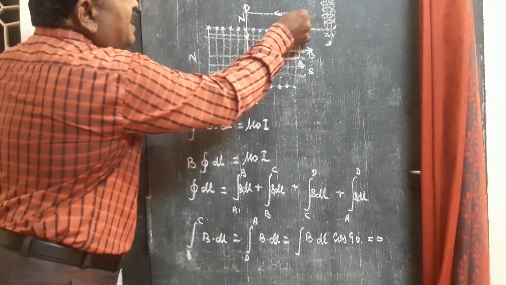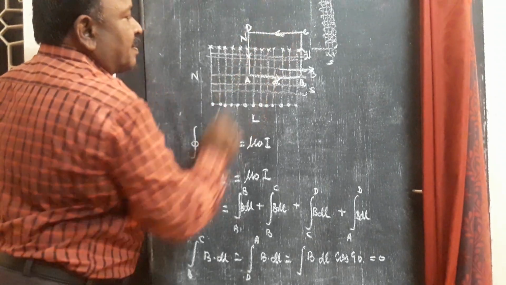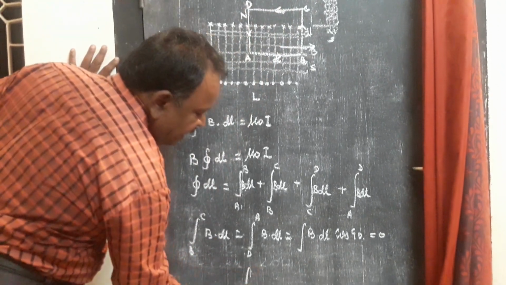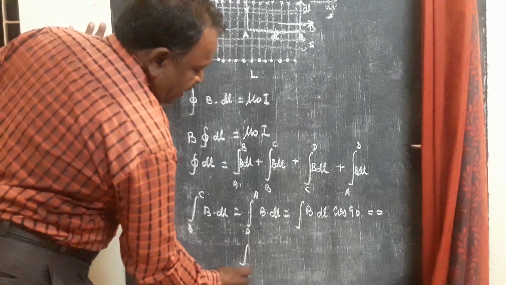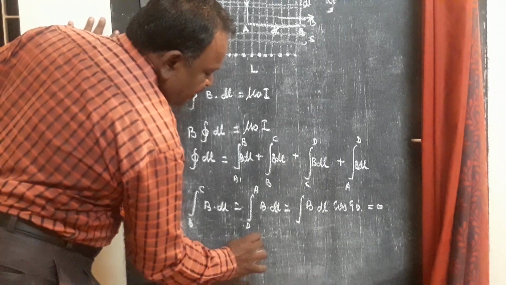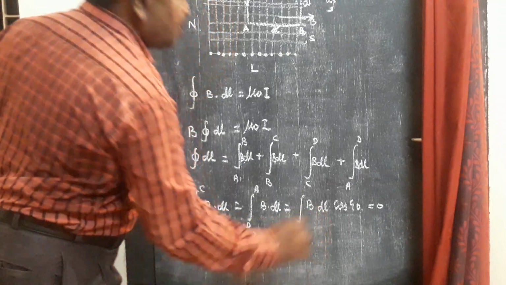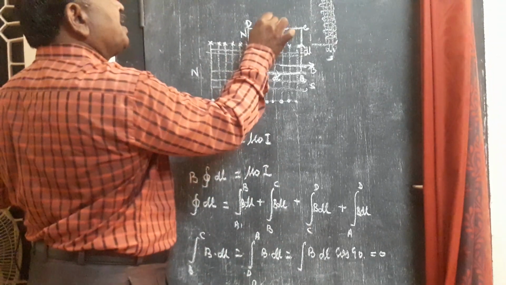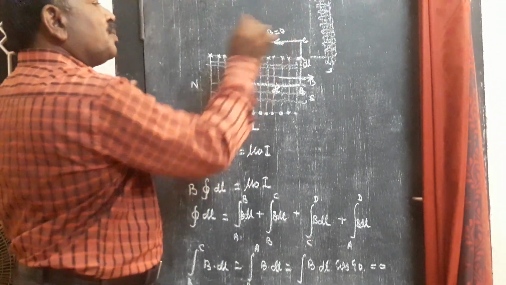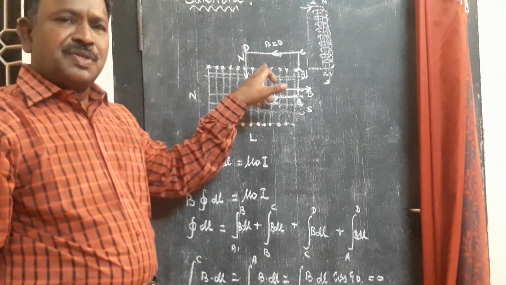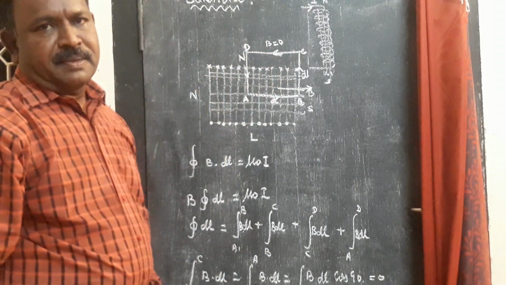Secondly, the line integral C to D of B dot dl is also equal to 0, since the magnetic field is 0 outside the solenoid.